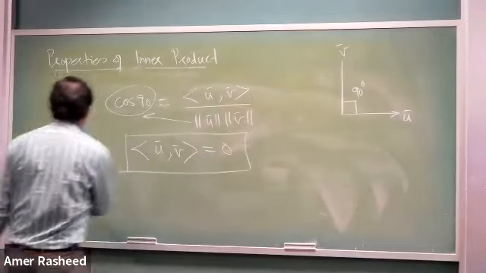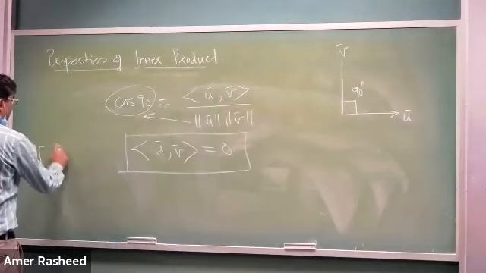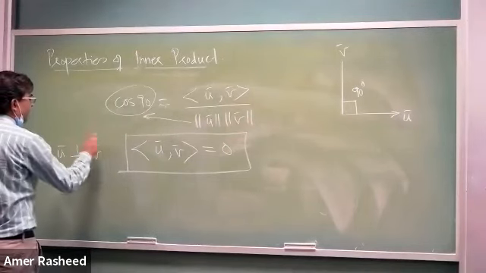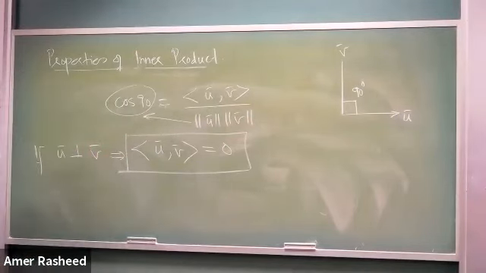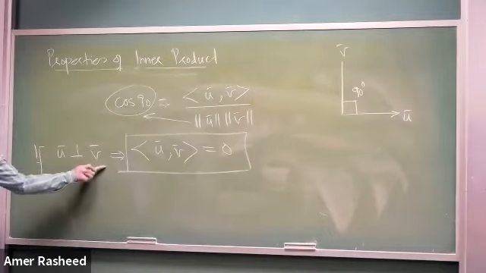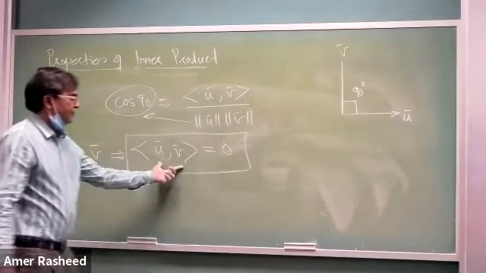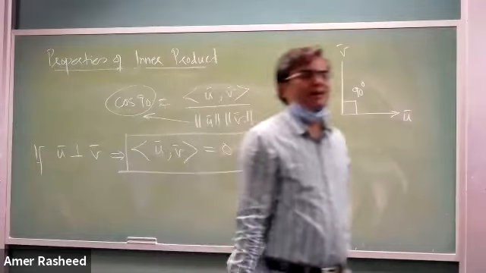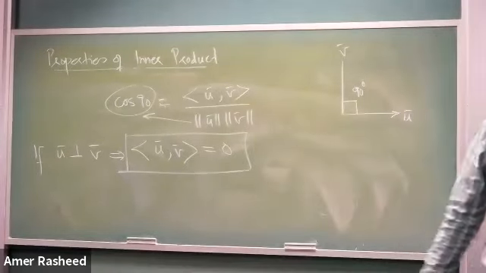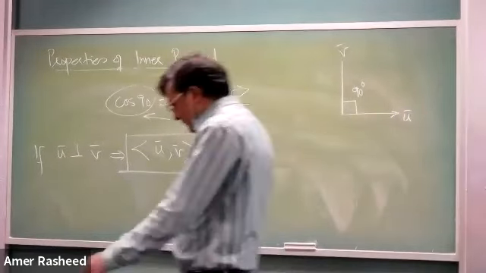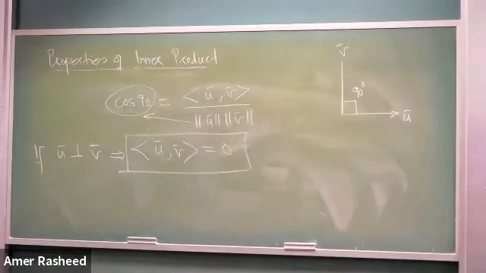If u is perpendicular, or orthogonal, to v, then their dot product, or inner product, must be 0. So if two vectors in Euclidean spaces are orthogonal, then their dot product must be 0. Remember this.